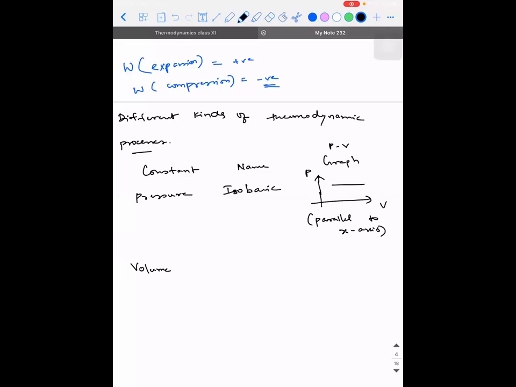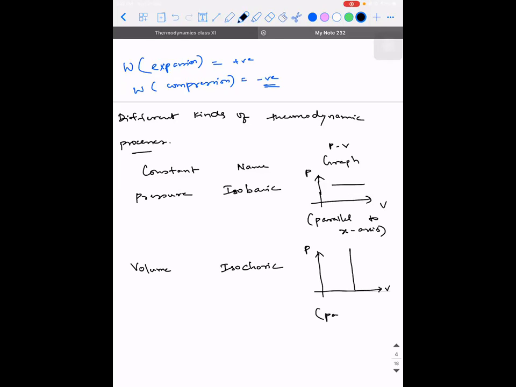Similarly, if volume is constant, it's called iso. Iso means same. It's called an isochoric process. The graph will be like this.